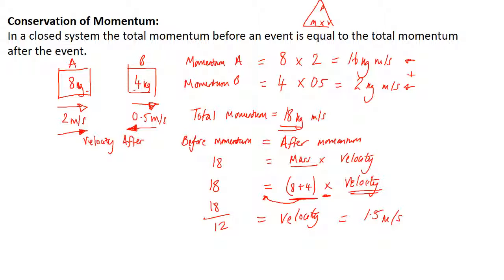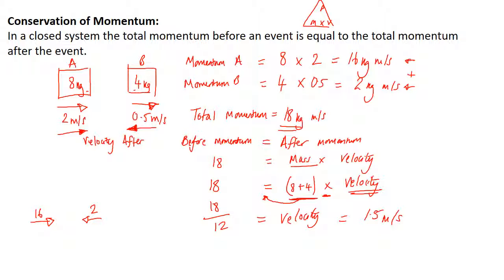In this case, this changes the total momentum those two shopping trolleys have, because momentum needs to take into account velocity. If those two shopping trolleys are about to have a head-on collision, then this momentum A, which is 16, is going to be hit by this momentum, this 2 kilogram meters per second.